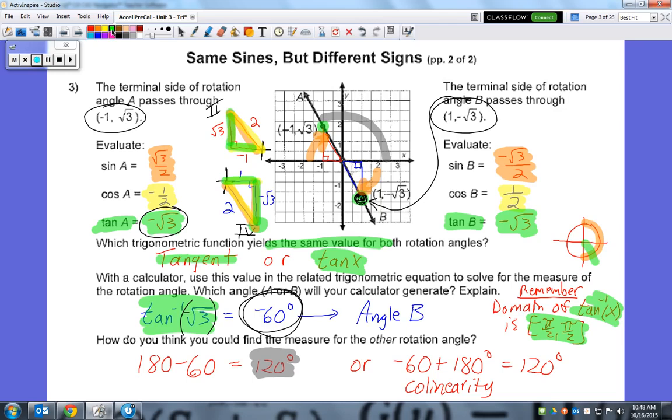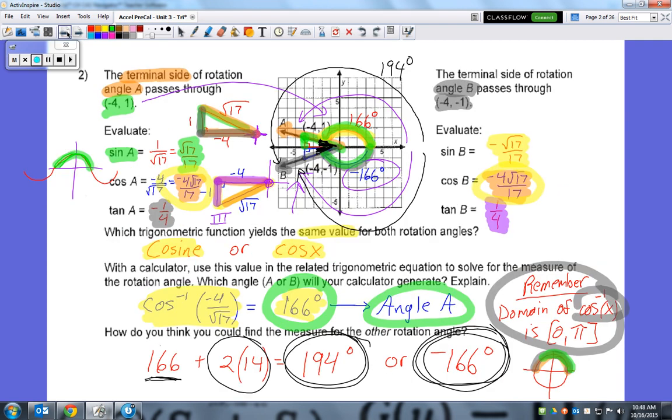Now, something to introduce is collinearity. If I were to say negative 60 and I added 180, I would get 120. We're going to look at this soon because it's going to yield different answers over and over that deal with the arctangents. Okay, the cosines didn't necessarily create that. If I were to go back and show you on a unit circle, I have 166 and 194.